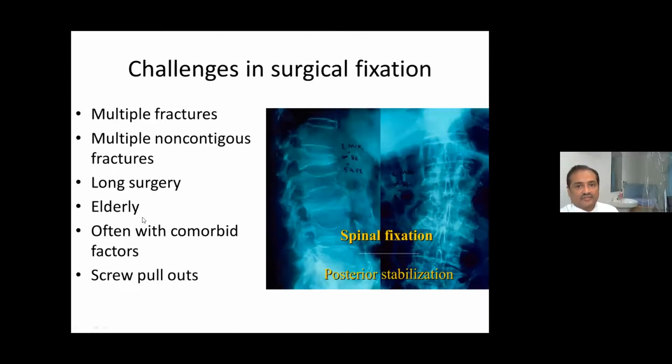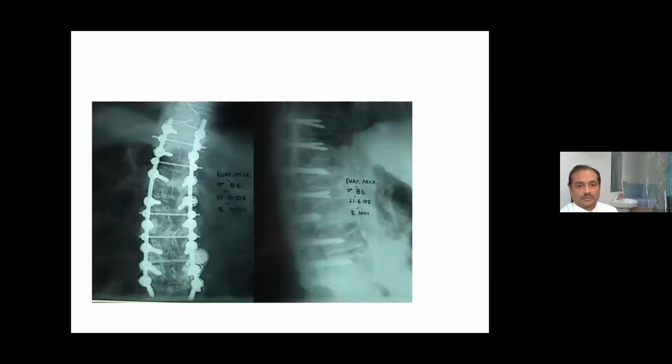A further challenge is that many times they come with multiple fractures, sometimes non-contiguous multiple fractures. They require a long surgery, with other challenges of surgery. This is one of the things I've taken from the literature. Very many times they are elderly, and at the same time they require a very long fixation.